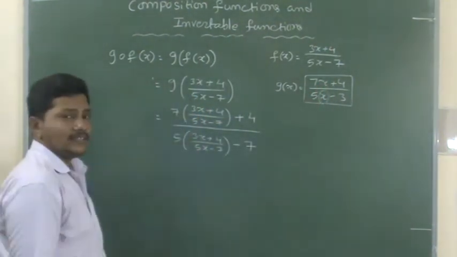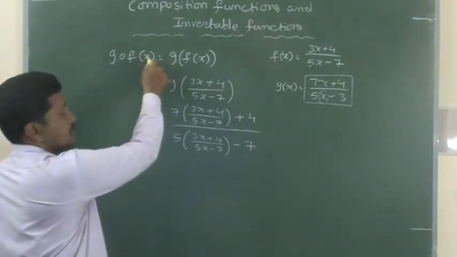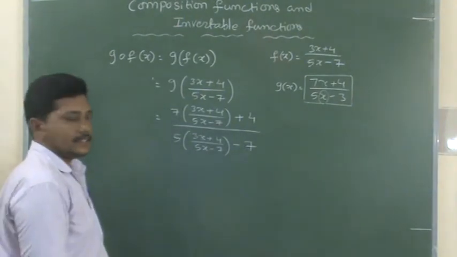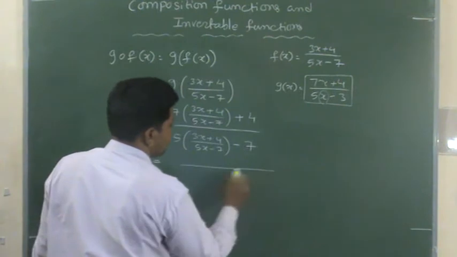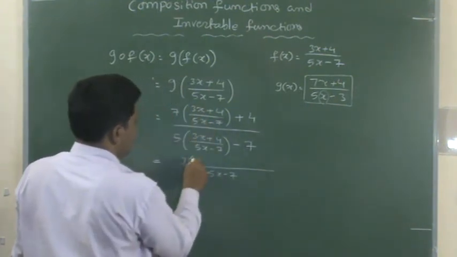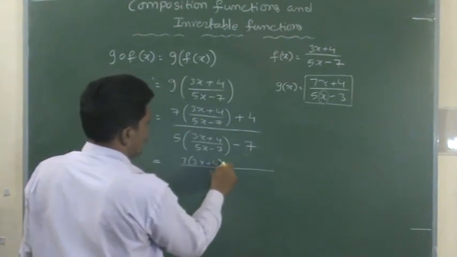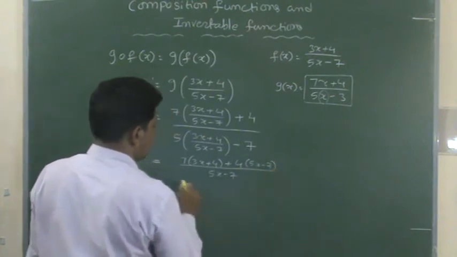Now simplify, you get what you want. x only, because g circle f of x is equal to x, then only that is identity. Right? Okay. So take LCM, 5x minus 7. Here 7 into (3x plus 4) plus 4 into (5x minus 7). Right.